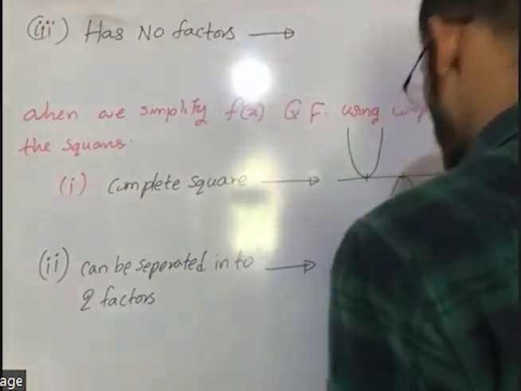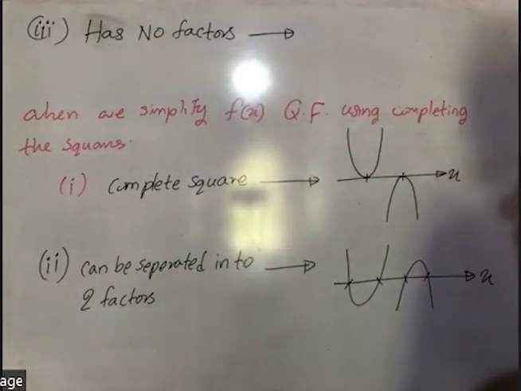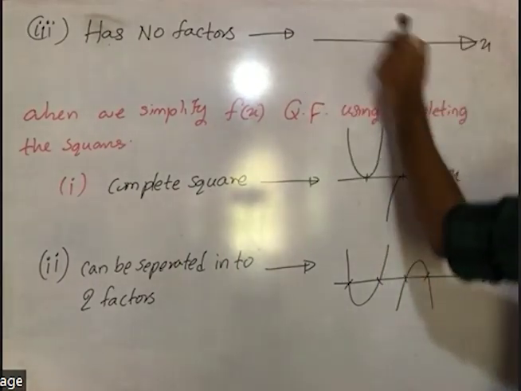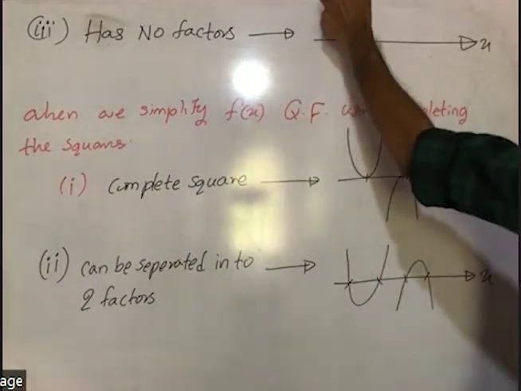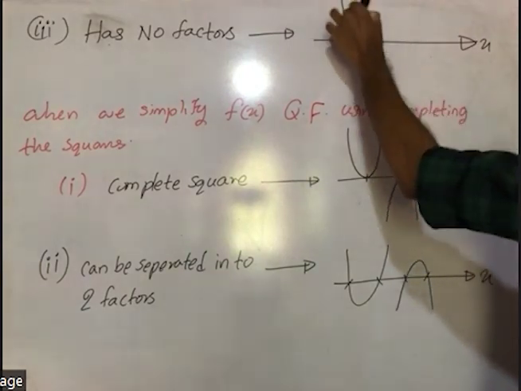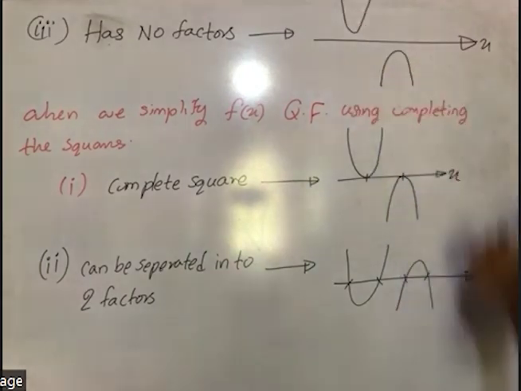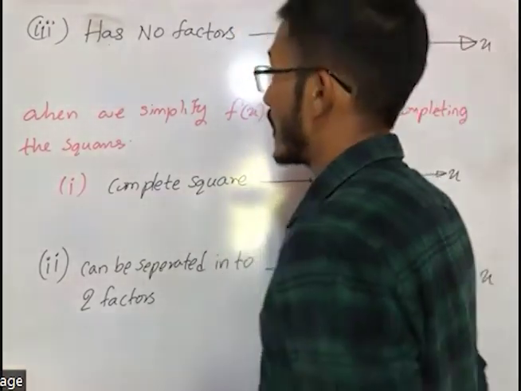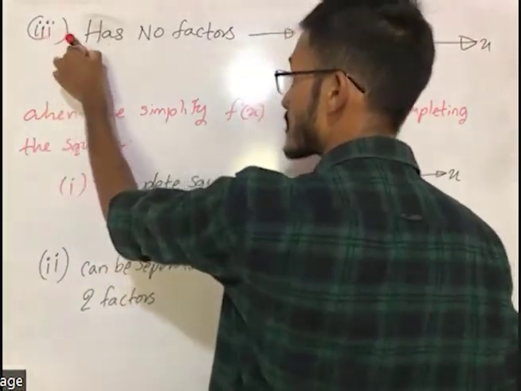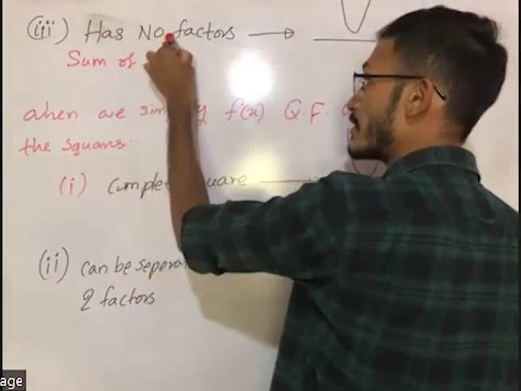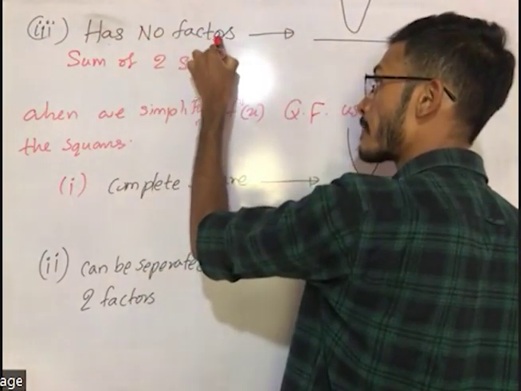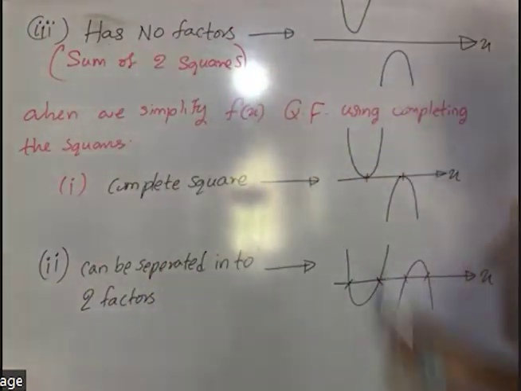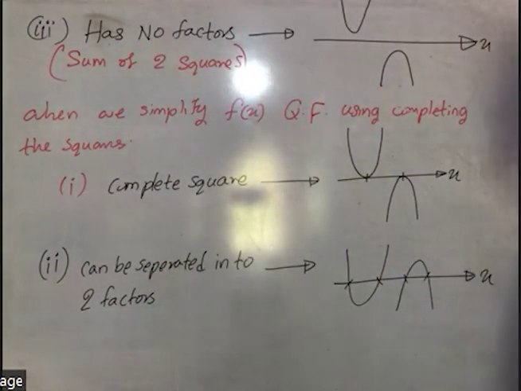If you have no factors, then the graph will look like this. So this is the x-axis. The graph can be situated above the x-axis or below the x-axis without touching it. That means there are no factors, right? No factors means this can be a sum of two squares. If this is a sum of two squares, then this function will have no factors.